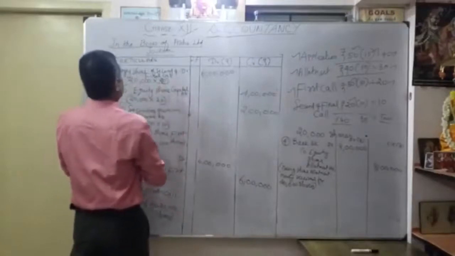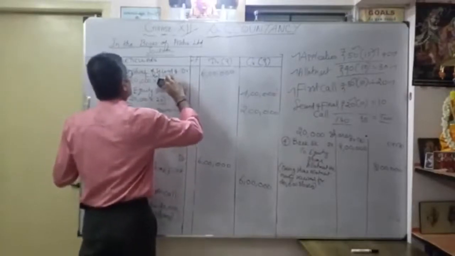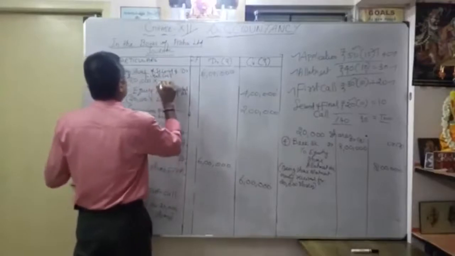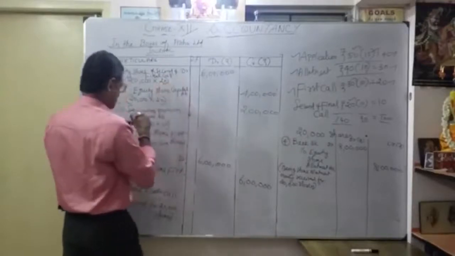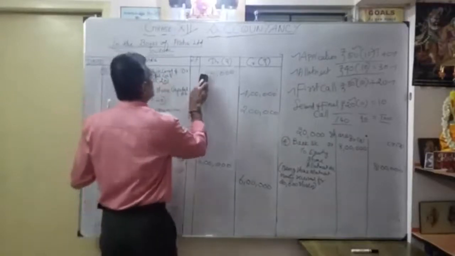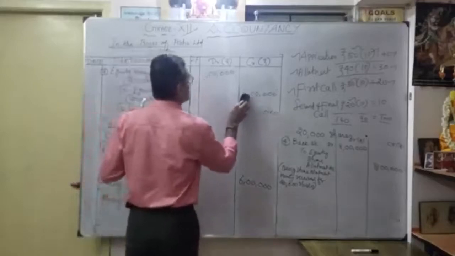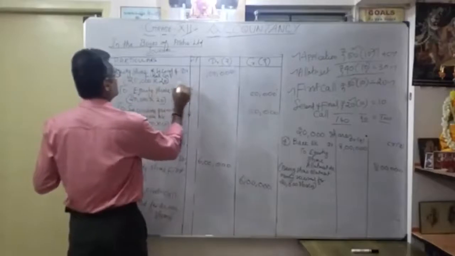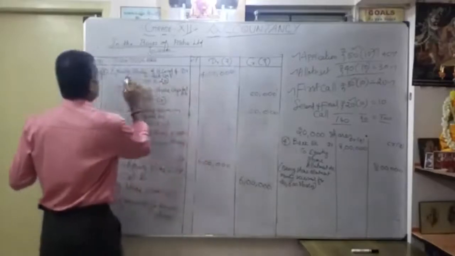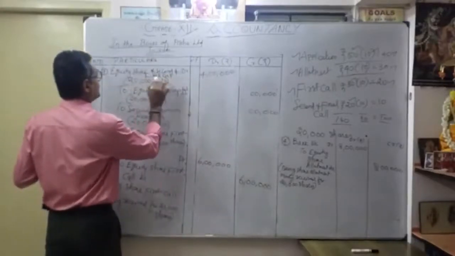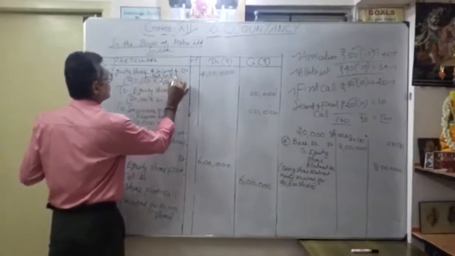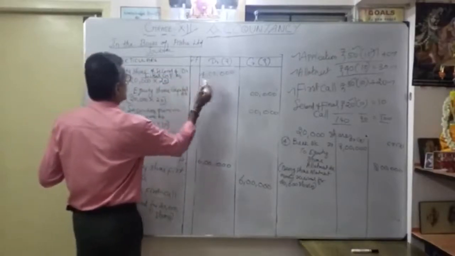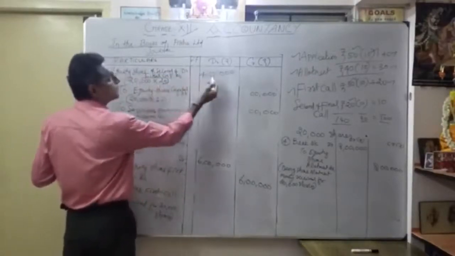I will clear it and change it here. How much? 20 rupees. 20,000 into 20 becomes 4 lakhs. Equity share second and final call account is 20,000 into 20, 4 lakhs.